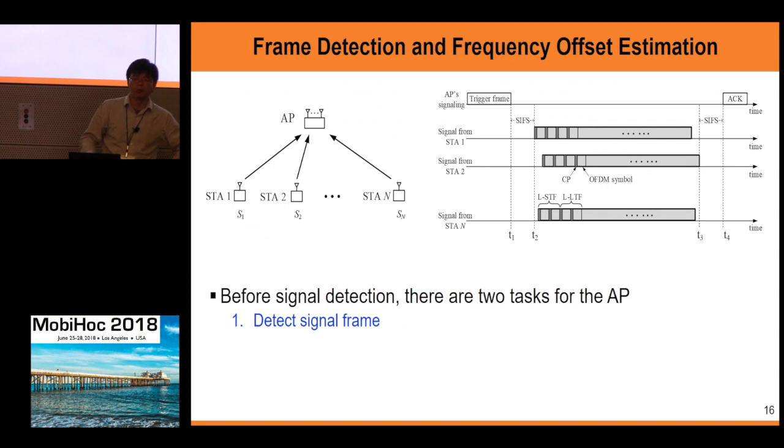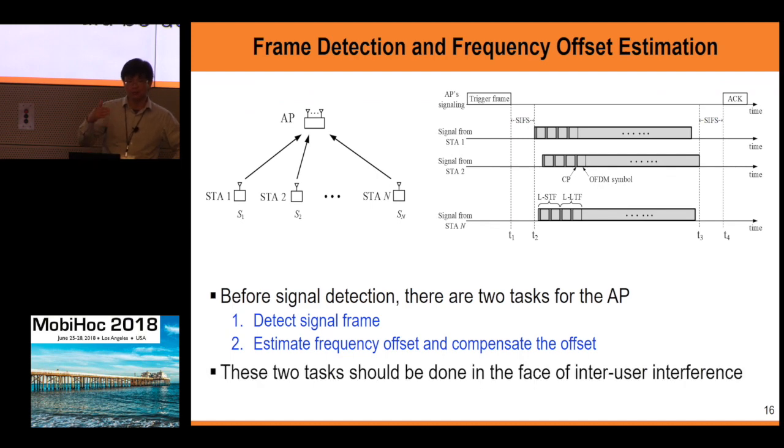We typically use correlation, either auto-correlation or cross-correlation, to do the signal detection. The other thing is to estimate the frequency offset and compensate for it. But the challenge is that these two tasks have to be done in the presence of inter-user interference, because the signal frames are not aligned with each other, and that is the interference. How can you detect the frame and estimate the frequency offset in the face of inter-user interference?